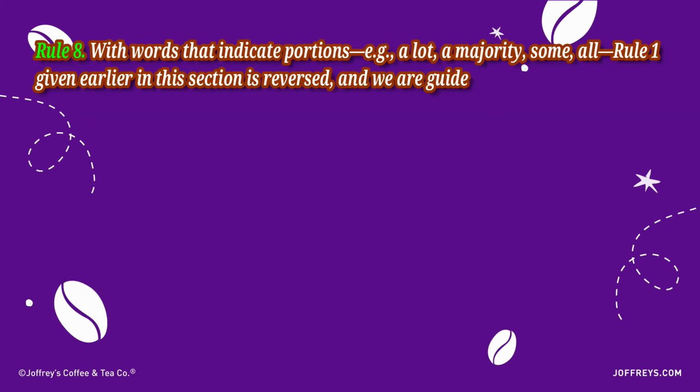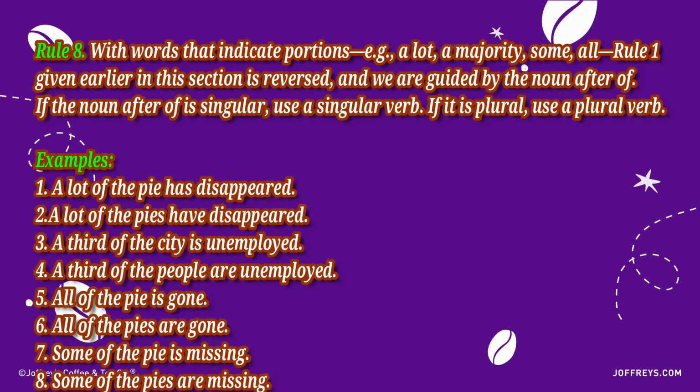Rule 4.8. With words that indicate portions, e.g., a lot, a majority, some, all, the rule given earlier in this section is reversed, and we are guided by the noun after "of."